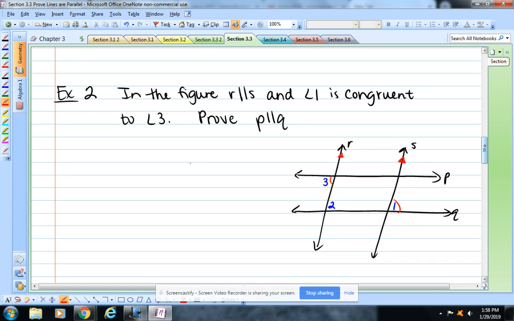All right. So, okay, read. What does this mean? Line R is parallel to line S. And they also showed this in the picture with their little extra arrows. Y'all see that? And angle 1 is congruent to angle 3. They marked that on the picture as well.